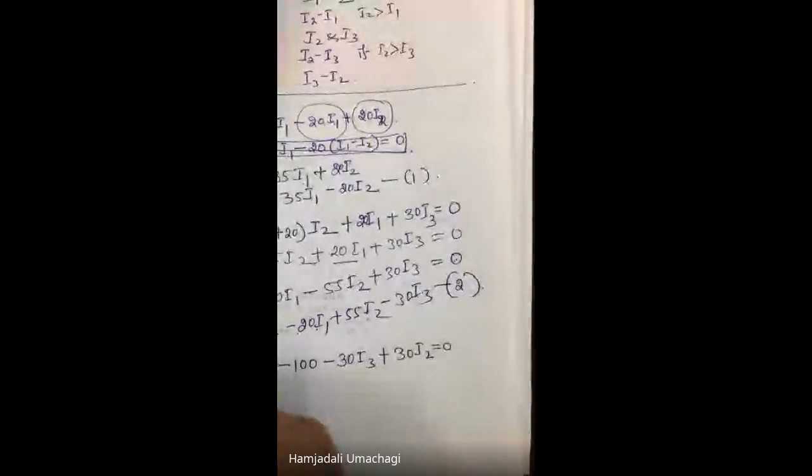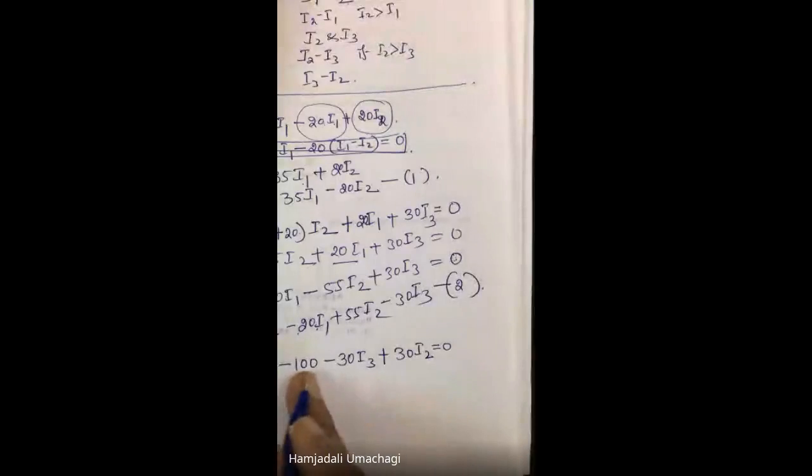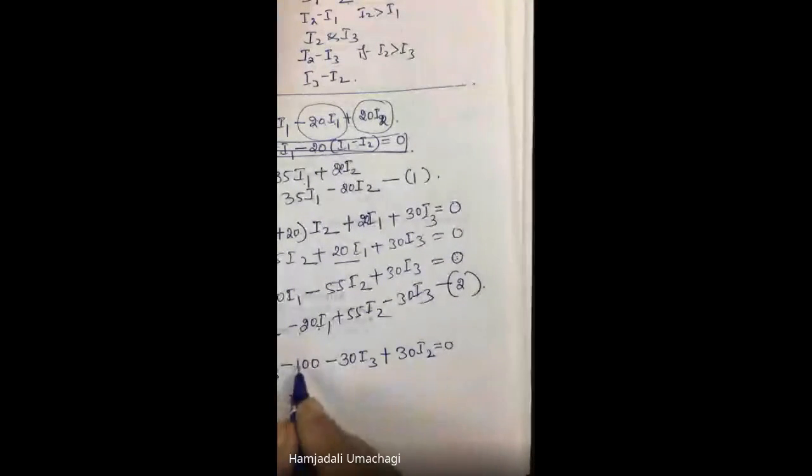See, this is the third loop equation. Again I am using the same approach. No turn on the right side of the equal sign, that is minus 100.